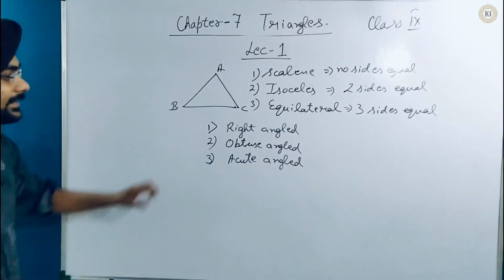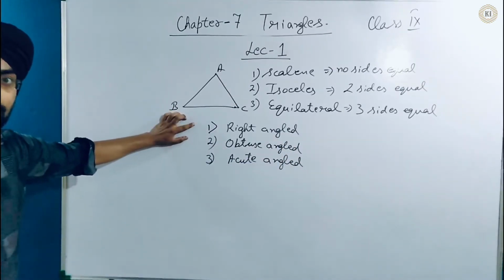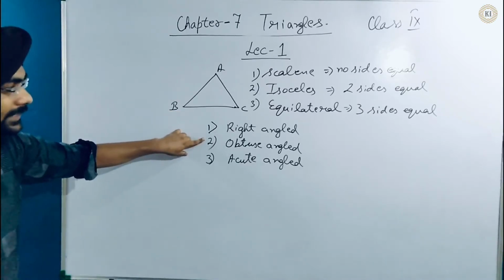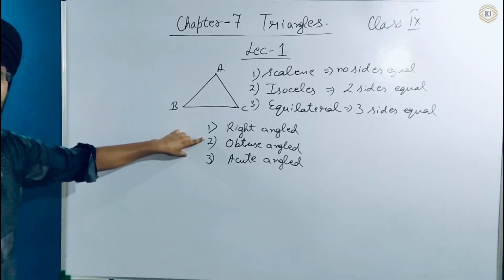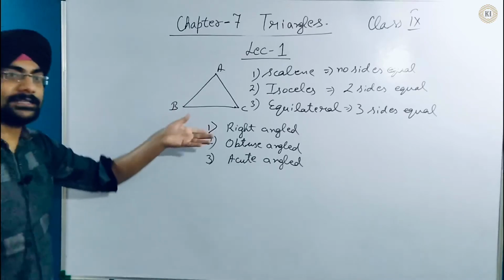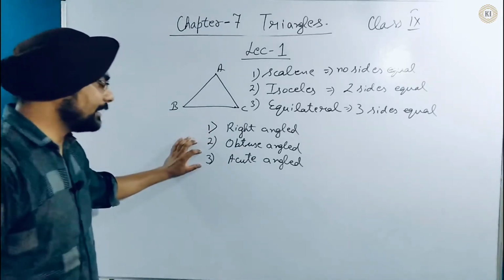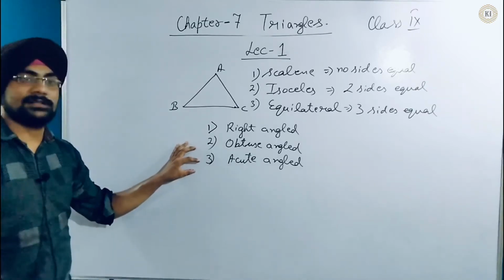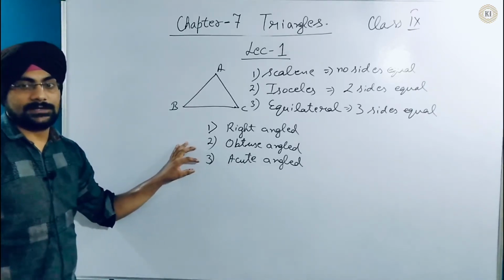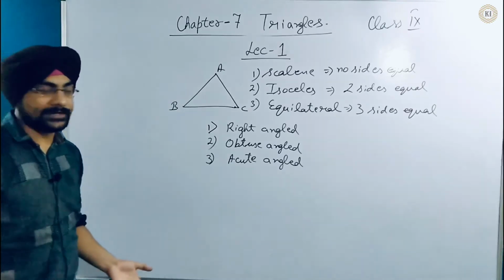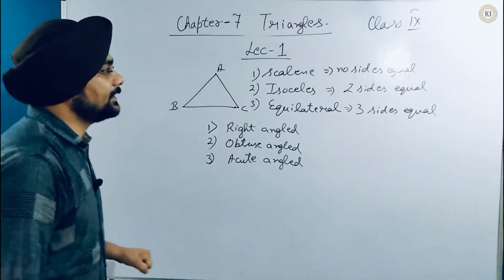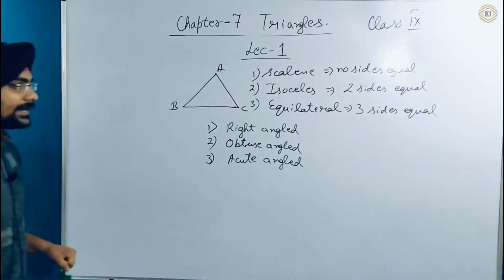So in right angle triangle, one angle will be 90 degree. In obtuse angle triangle, one angle will be obtuse, that will be greater than 90 but less than 180. And in acute angle triangle, all the three angles will be acute. Acute angle means less than 90 degree. So this is the basic introduction about the triangle.